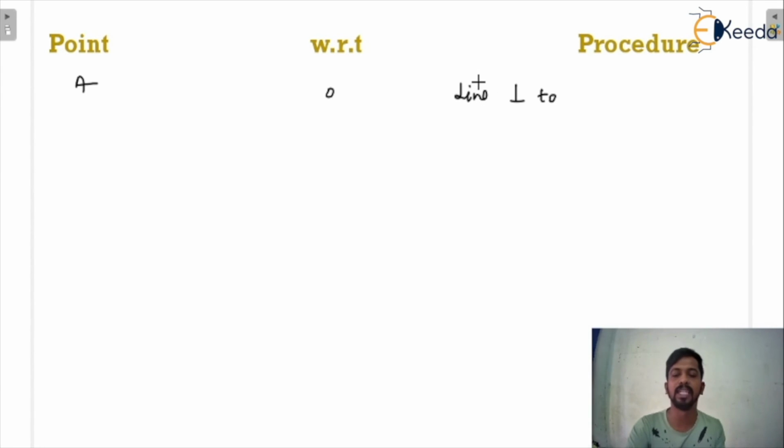I'm talking about the velocity diagram line. When we are drawing the velocity diagram, the procedure is like that: you have to draw the line perpendicular to the link. When we draw the velocity diagram, we must follow some procedure.